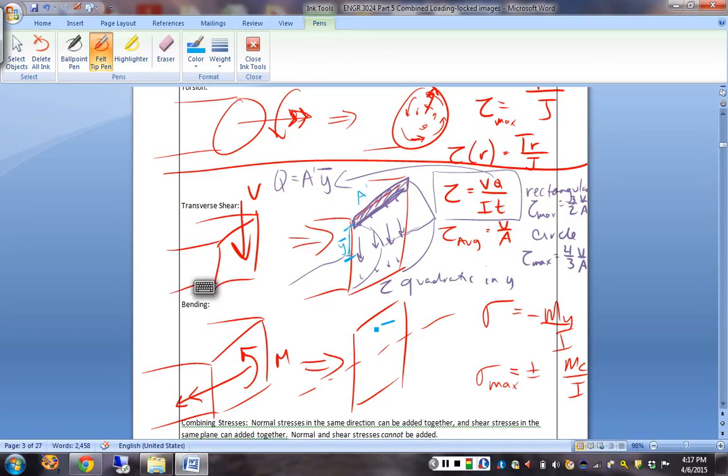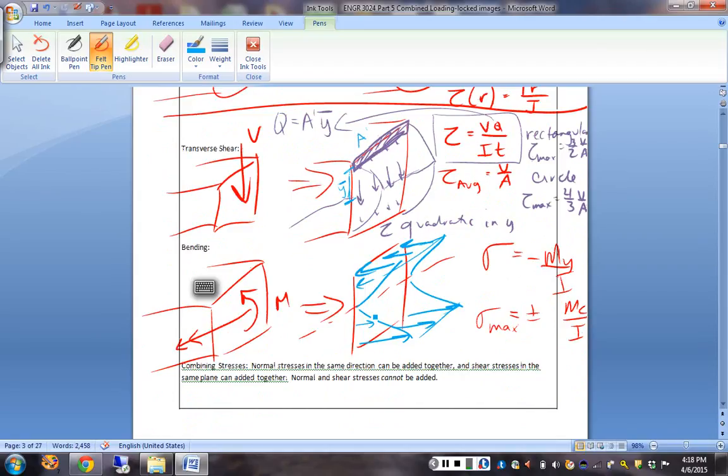We have compression, so we have arrows going back towards the cut surface, which means we've got tension along the bottom, and that profile in y is a linear profile. So it's 0 along the neutral axis, maximum at the top and bottom when it's symmetric. So this is linear in y.